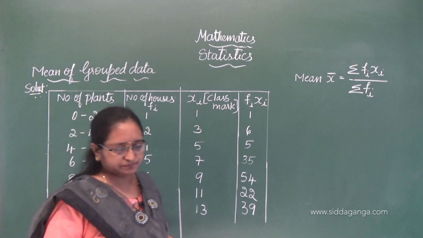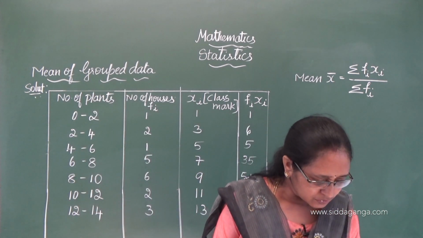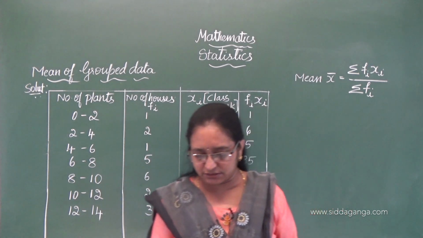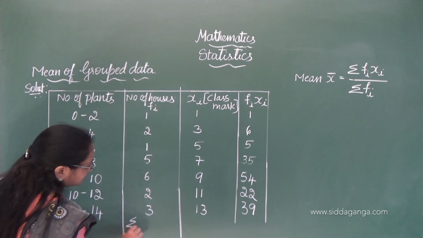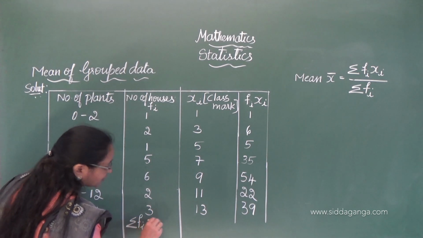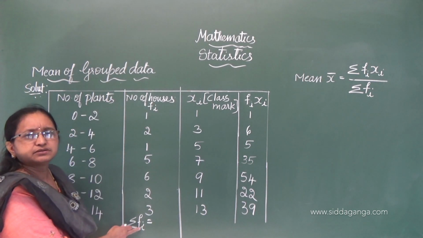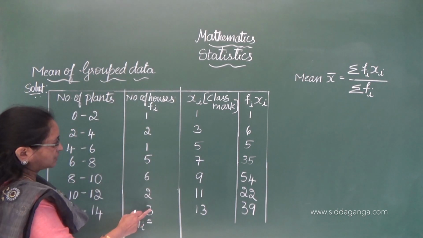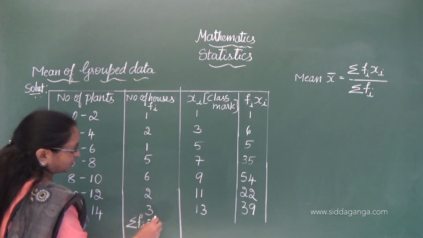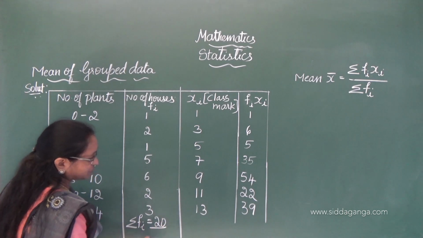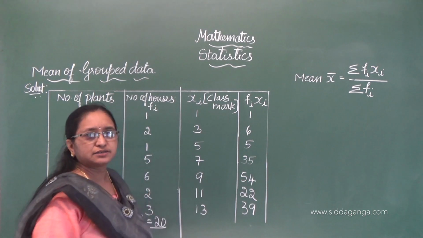In the question, just observe, they have given 20 houses in the locality. So 20 houses in the locality means here sigma Fi is 3, 4, 5, 10, 16, 17, 18, 19, 20. Next, this total you have to add.